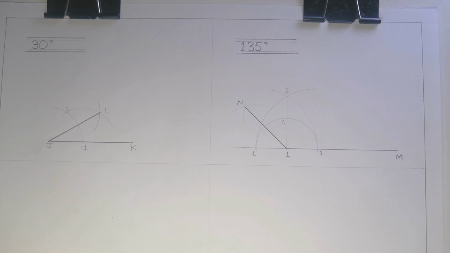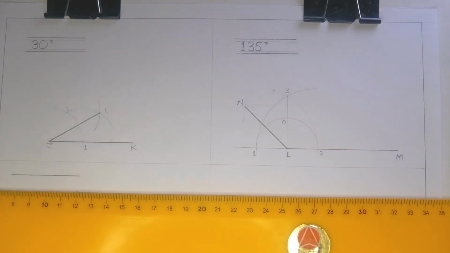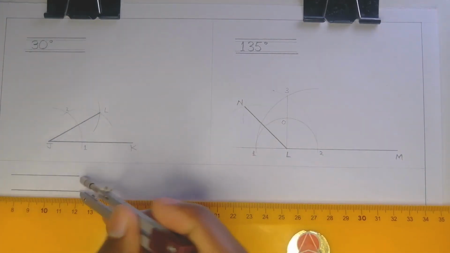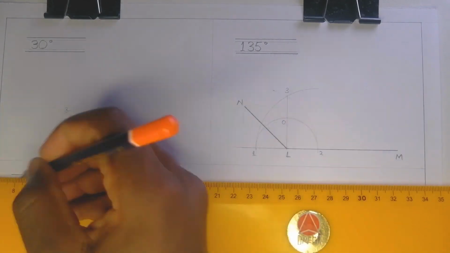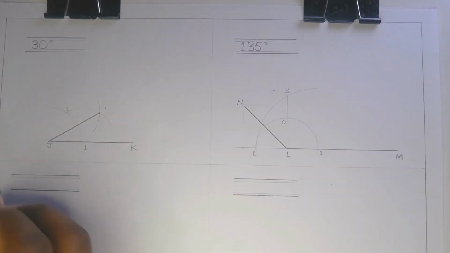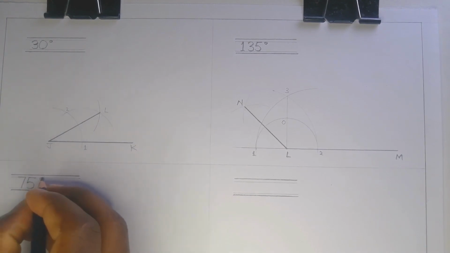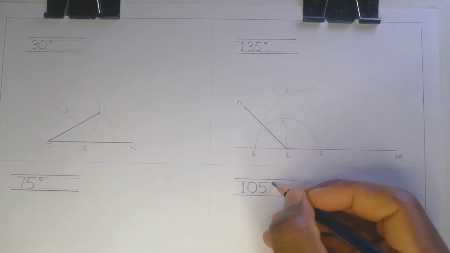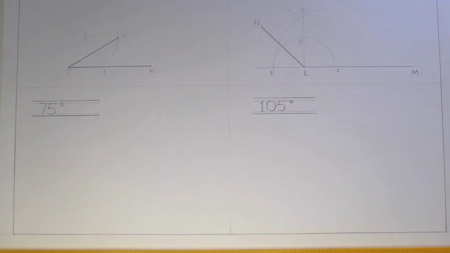Let's look at how we can draw the angle 75 degrees and 105 degrees. 75 degrees and 105 are very similar kind of angles.